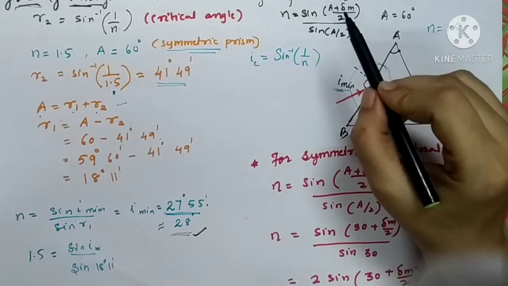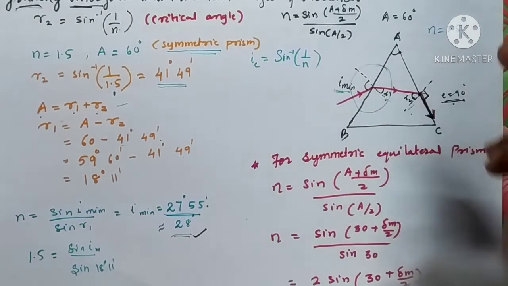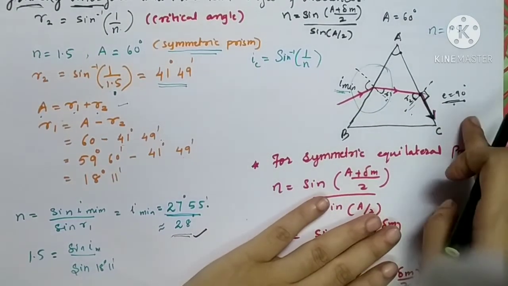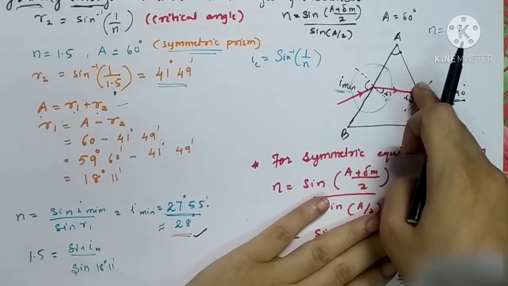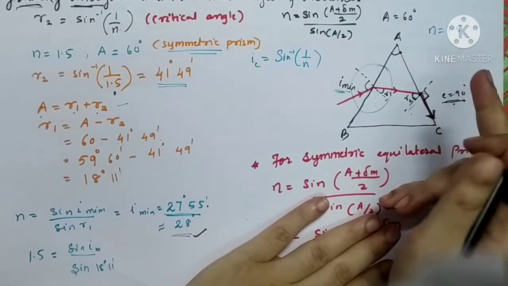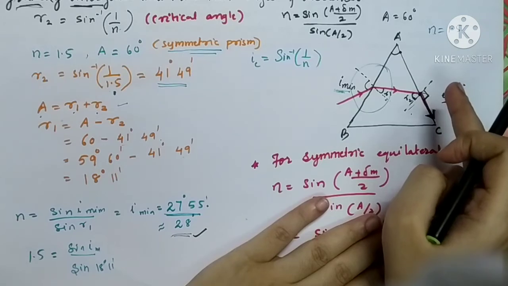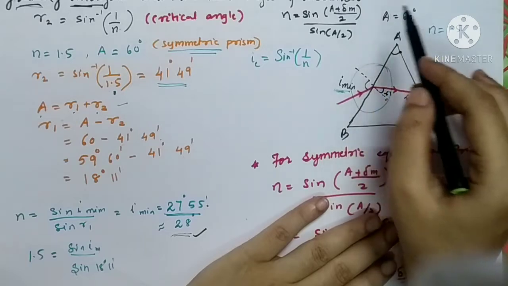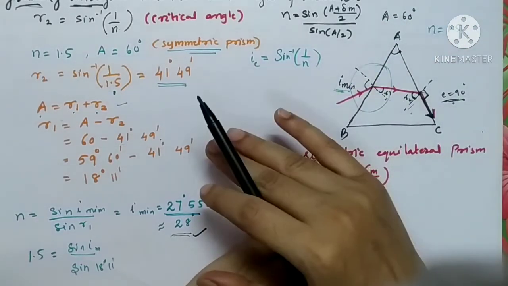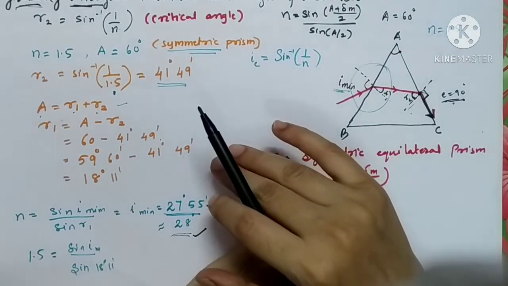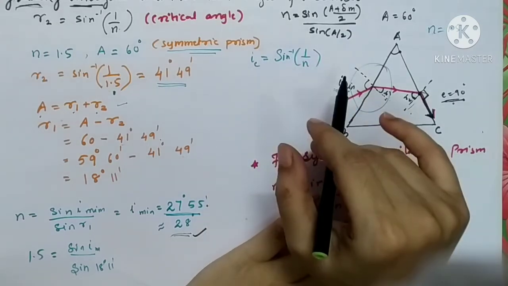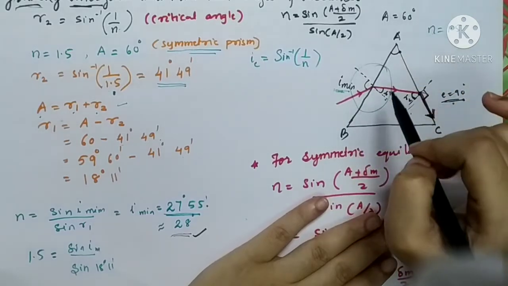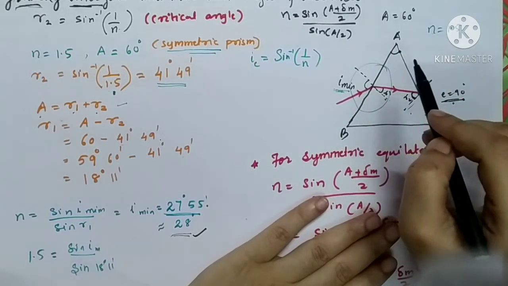Delta m is the minimum deviation position, for which when you retrace the path of a light beam, meaning when you take the incident ray on the surface AC, at that time angle i will become angle e and e becomes i. So it is possible you are going to get the same values of angle of incidence as well as angle of emergence if you keep your prism at the minimum deviation position.